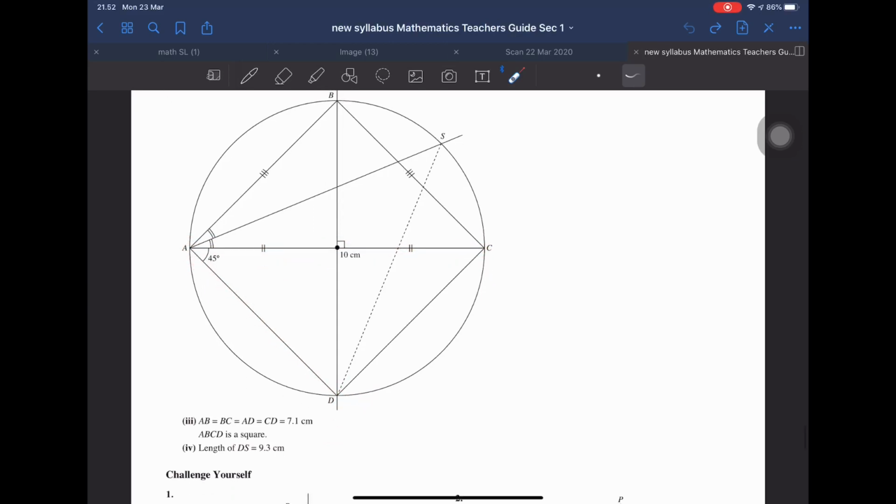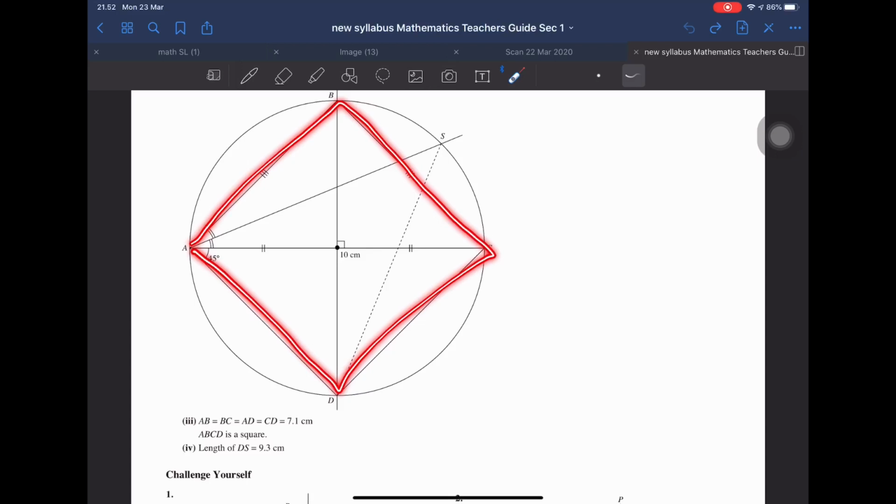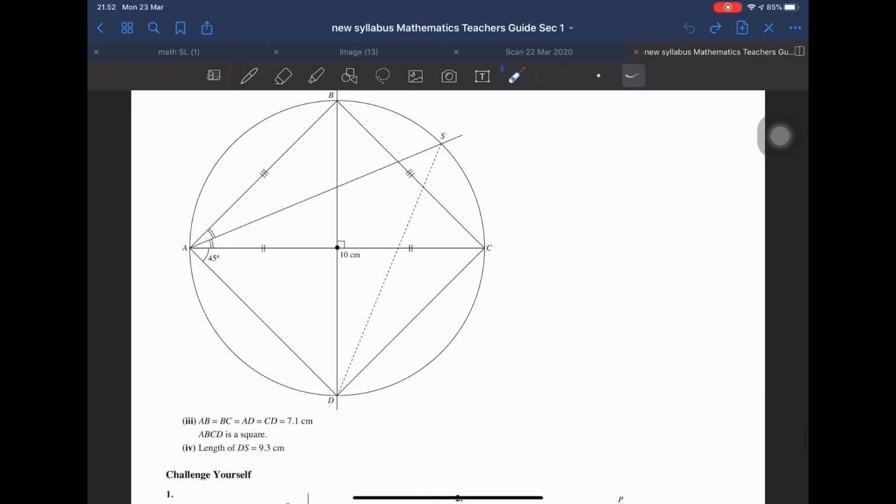And the next, the third one, join all the points, connect all of them, A, B, C, D. State the name of this quadrilateral. Just make sure you measure all the angles. If all are 90 and all sides are the same, then it's a square. But if it's not 90 but all the sides are the same, then it's a rhombus. It should be a square, and the lengths all the same, 7.1.